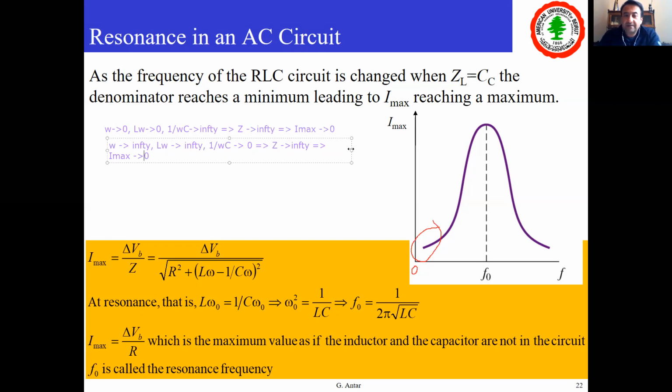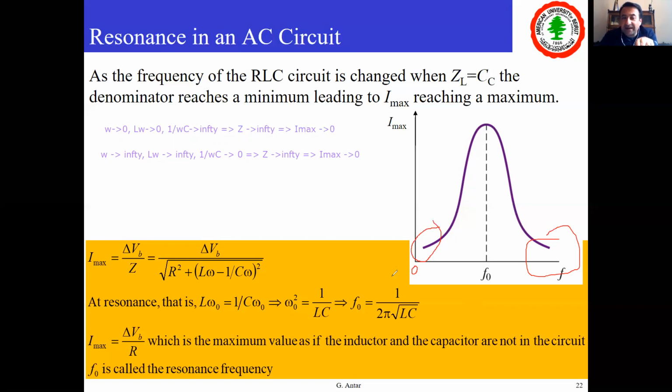So once again, let's take a look. When omega tends to infinity, then my I max will tend to 0, which is basically here. But in between these two, I'm going to have a value for which my I max is maximum. For I max to be maximum, my Z must be minimum.